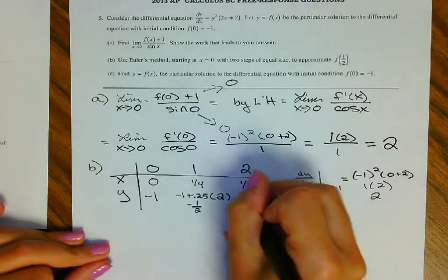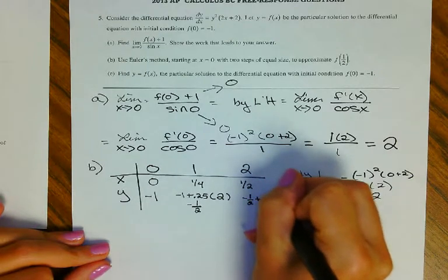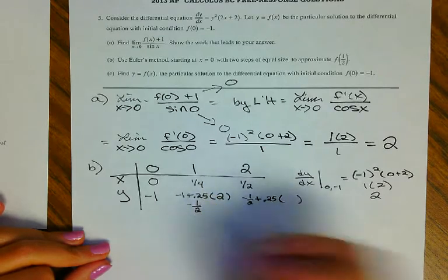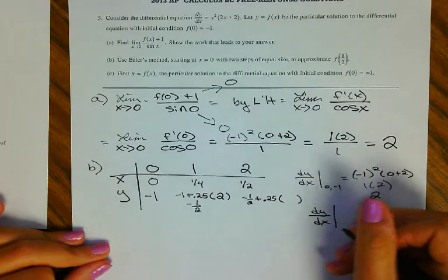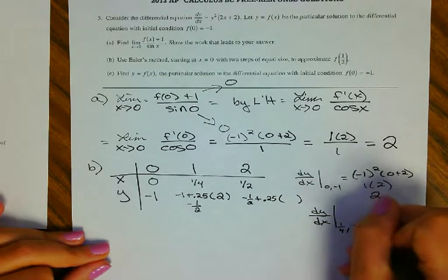Now I use this over here: negative 1/2 plus the step size, 0.25, multiplied by the derivative evaluated at this previous point. My side work is the derivative evaluated at 0.25 comma negative 0.5.